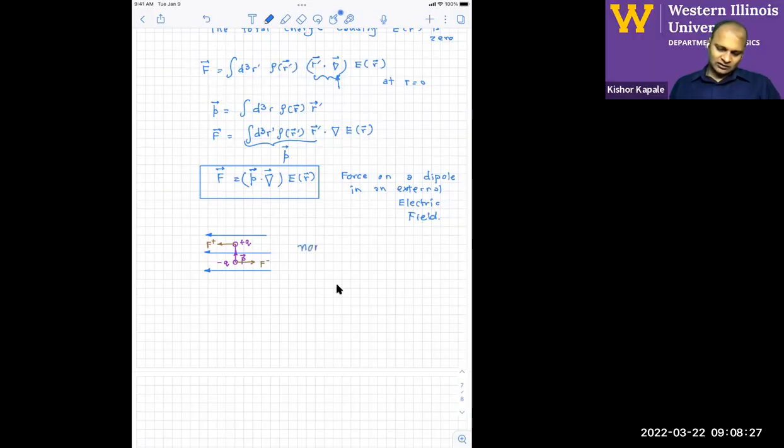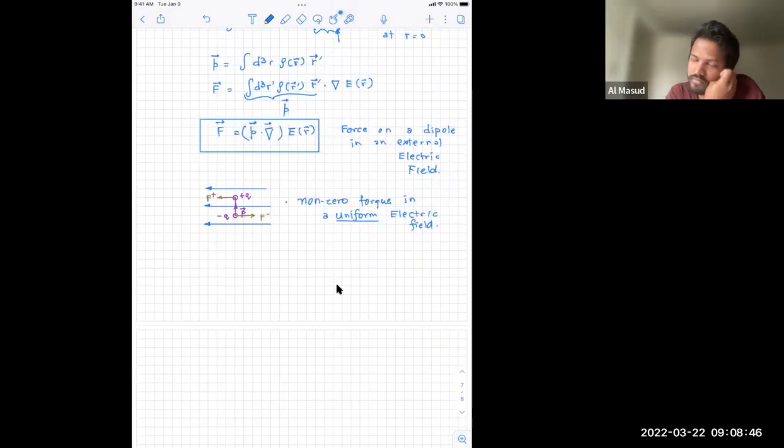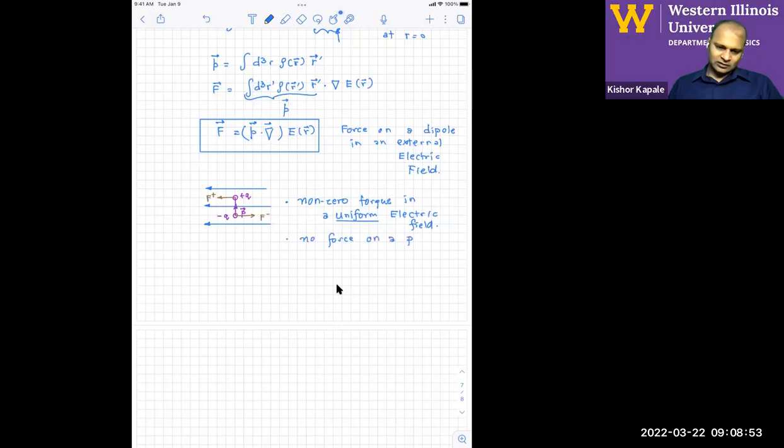So you have a non-zero torque in a uniform electric field, but there is no force on a dipole in a uniform field.